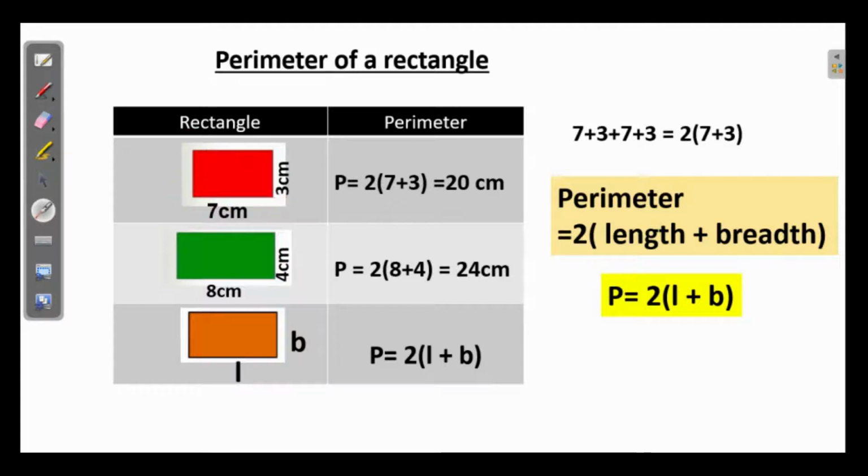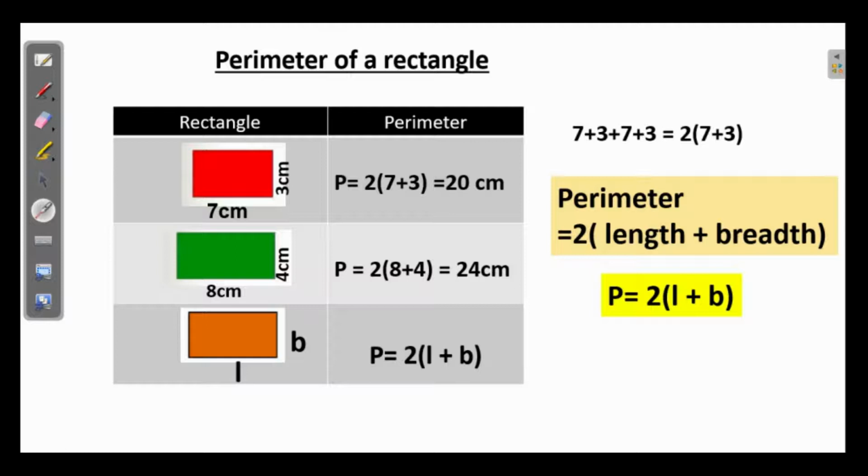And here 7 plus 3 plus 7 plus 3, that is 2 times this 7 and 2 times this 3, which is equal to 2 into 7 plus 3. That we have learned earlier, isn't it? So P is equal to 2 into 10, since 7 plus 3 is 10, 20 centimeter. Similarly, here 8 plus 4, 12. P is equal to 2 into 12, 24 centimeter.